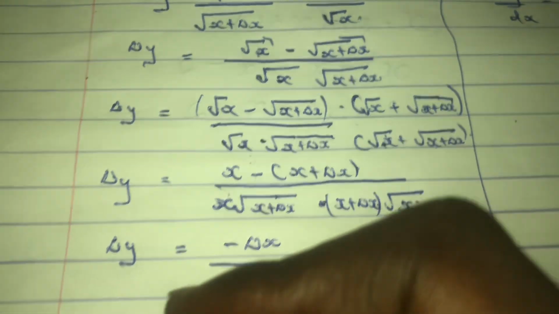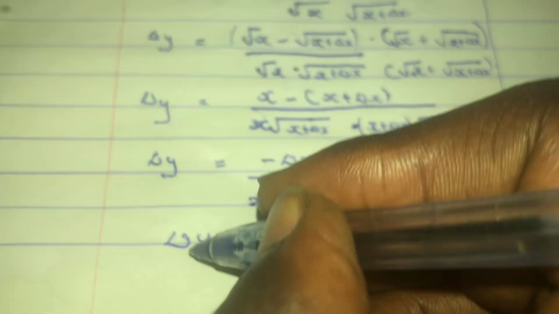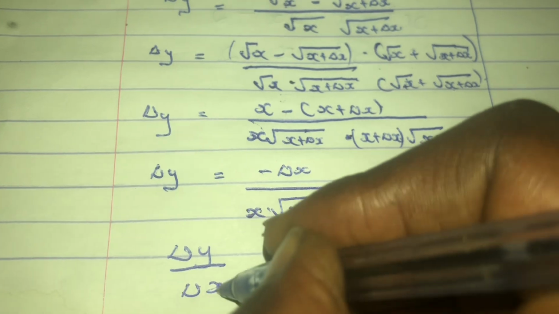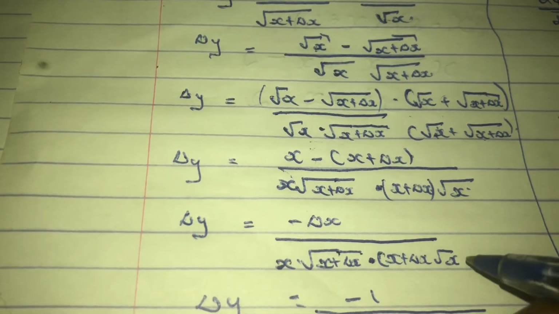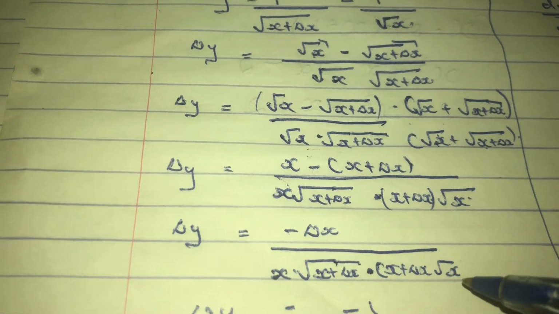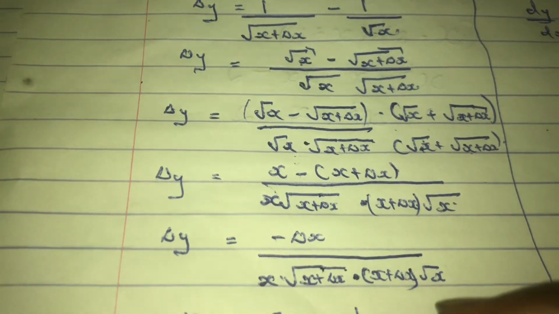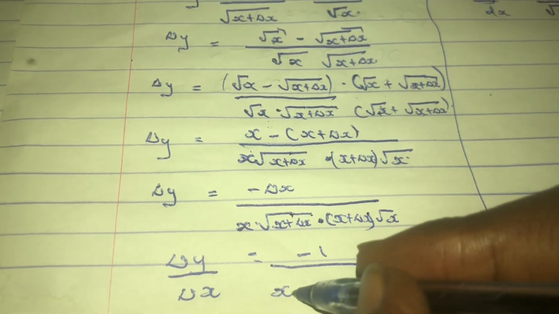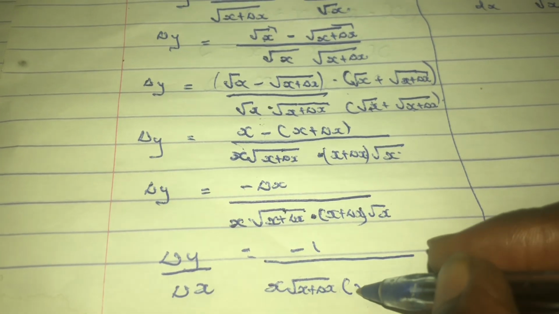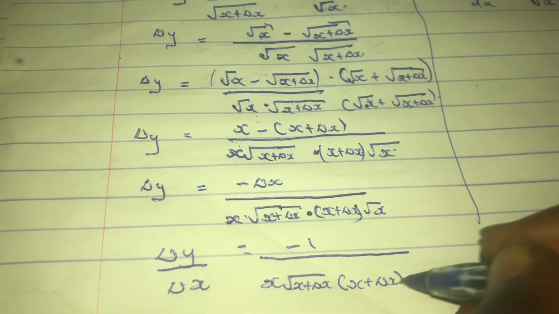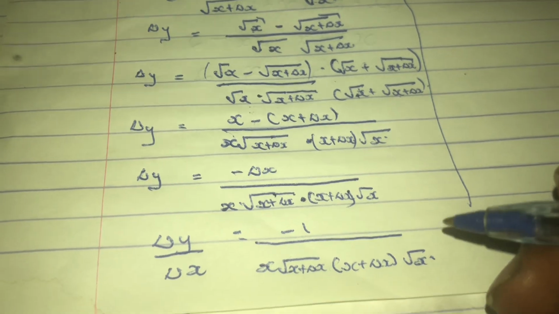This one goes down, remain with change in y over change in x equals negative 1 over x square root of x plus change in x times x plus change in x root of x altogether.